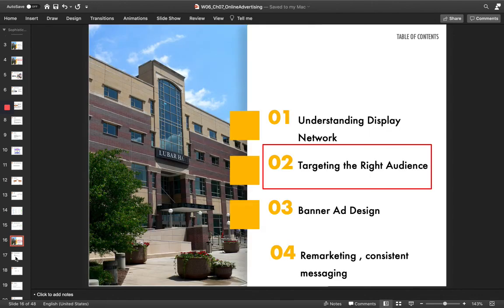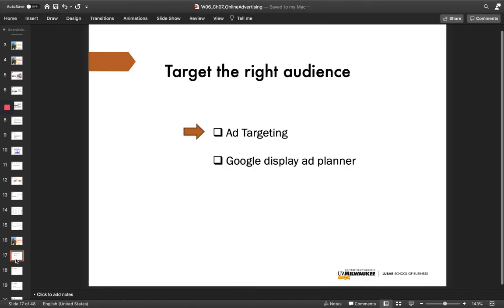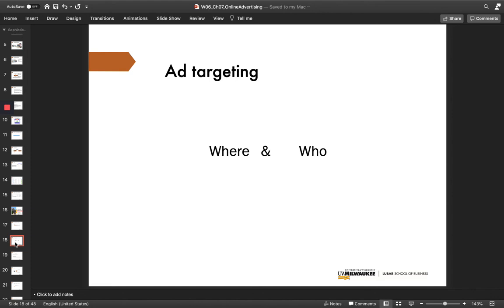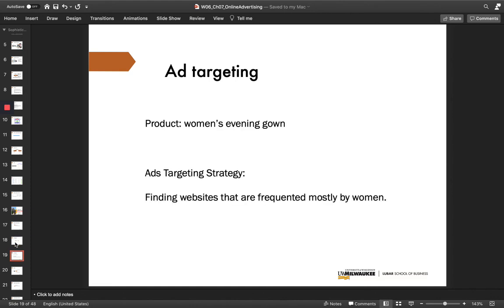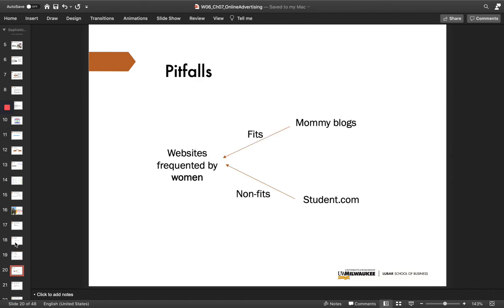And the second part, targeting the right audience. Actually, I'd like to skip a little bit of this part because I think it's almost the same as what we already learned in the previous chapters.